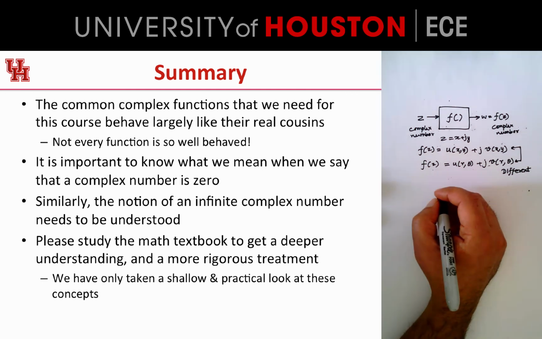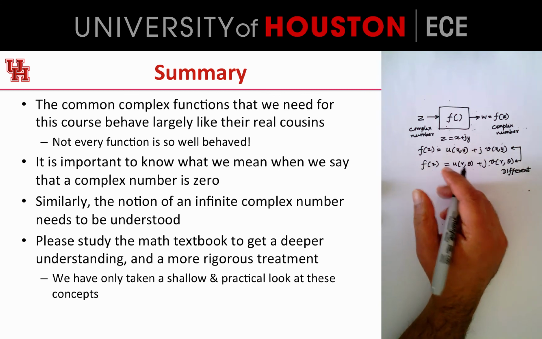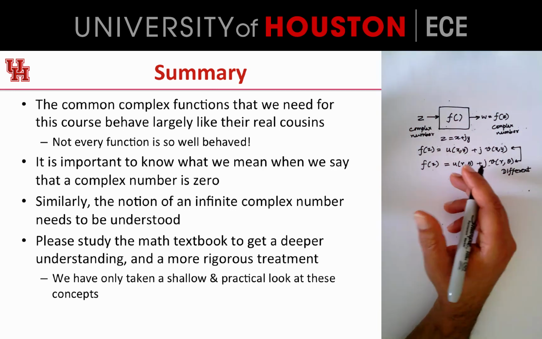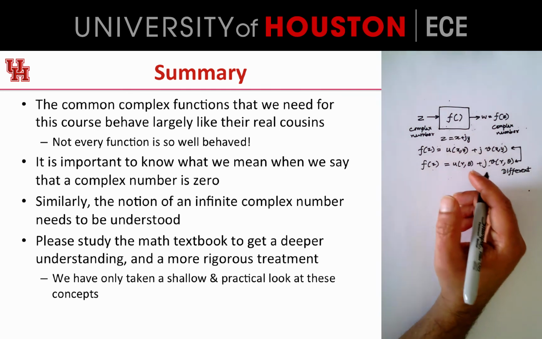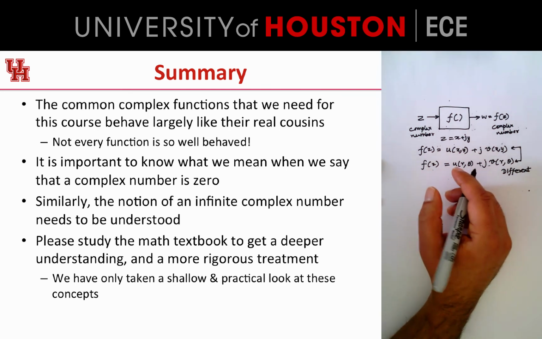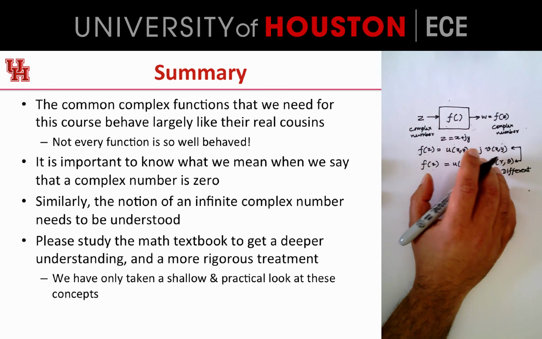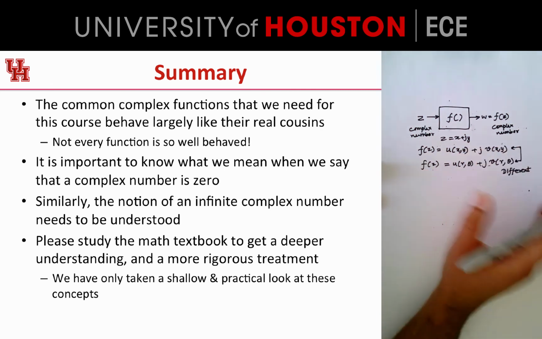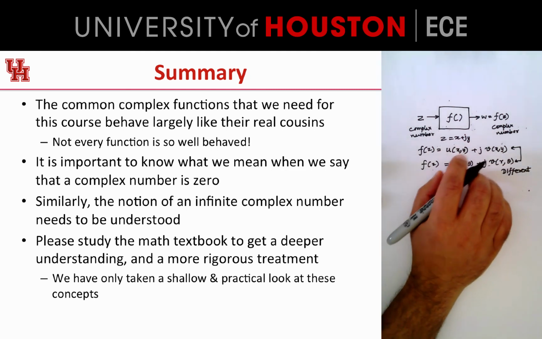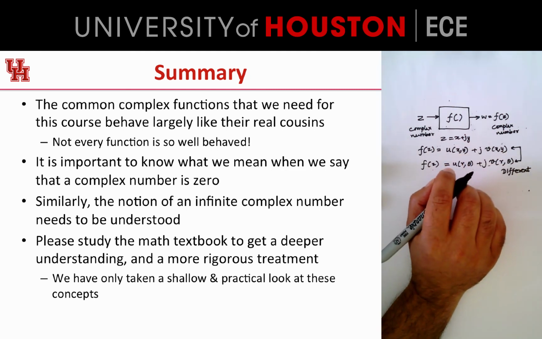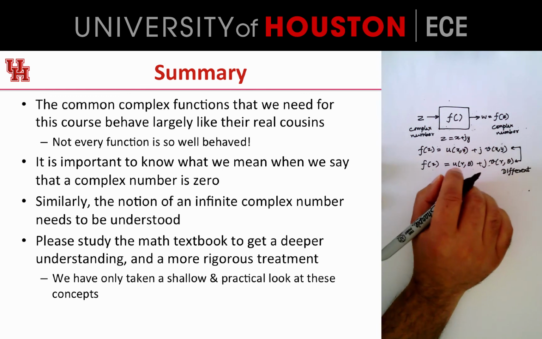So to summarize, the most common complex functions that are needed for our purposes in this class are largely well behaved, and they also behave like their real cousins. Now that doesn't mean by any stretch that every complex function is well behaved. There are a lot of badly behaved functions out there, and dealing with them entails more complexity or more complications.